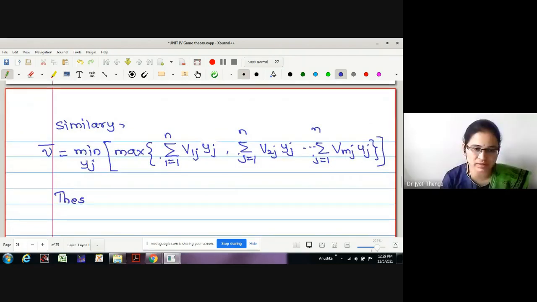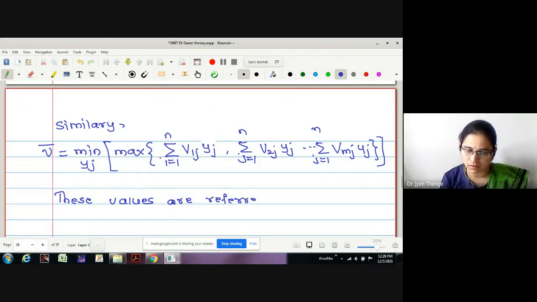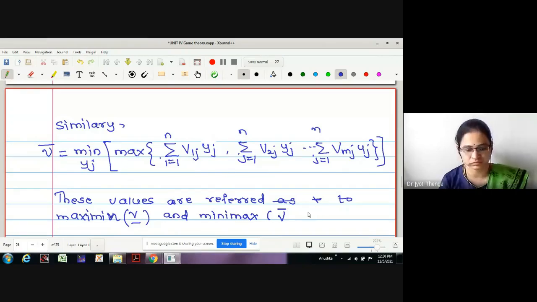These values are referred to as maximin, that is V lower bar, and minimax, that is V upper bar, expected values respectively.